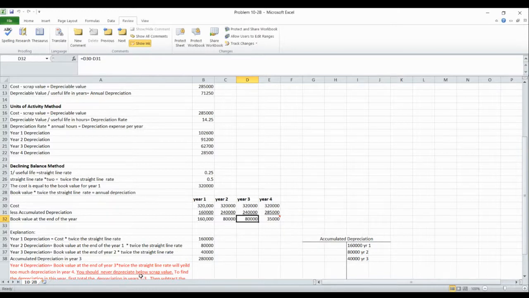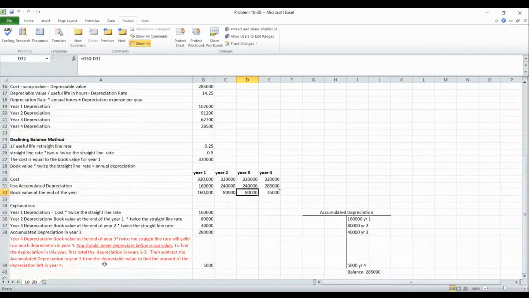At the end of year four, there's a problem that's going to develop. Notice I've written this in red, so I want you to pay particular attention to what I've got here in red for year four. If we continued on with the process of taking the book value at the end of year three and multiplying it by twice the straight line rate, it will give us just too much depreciation in year four.